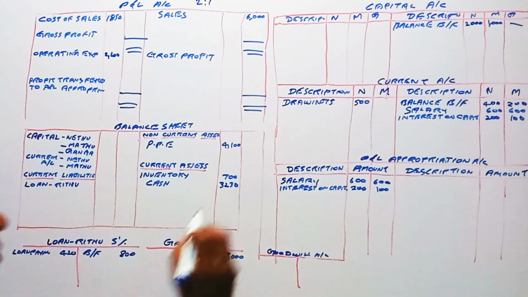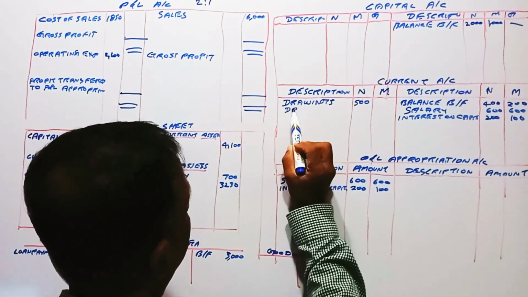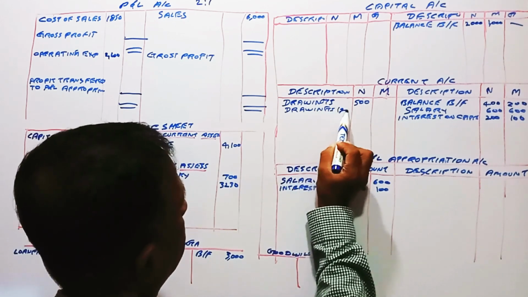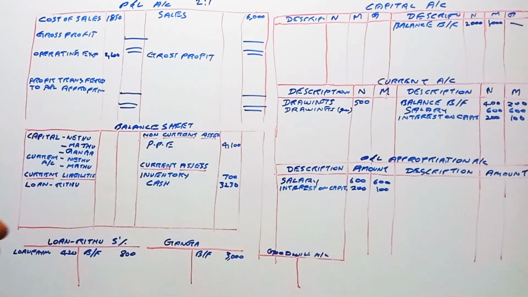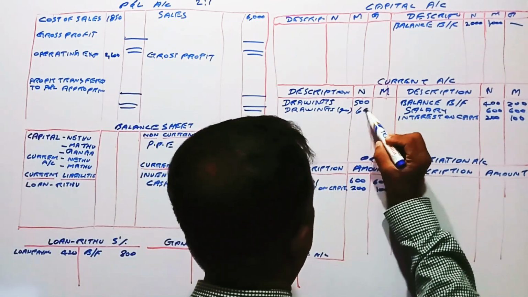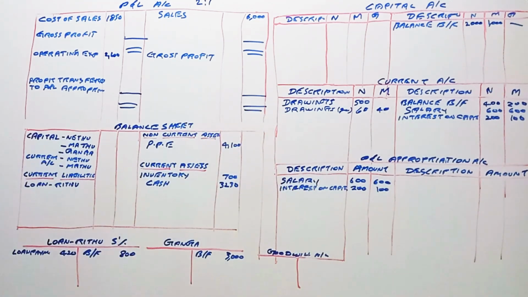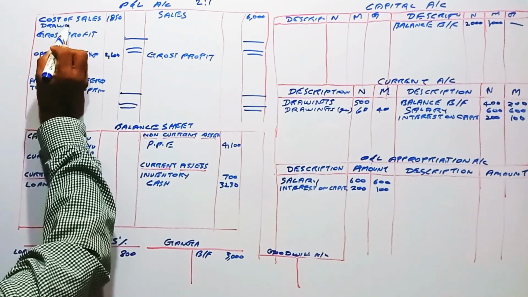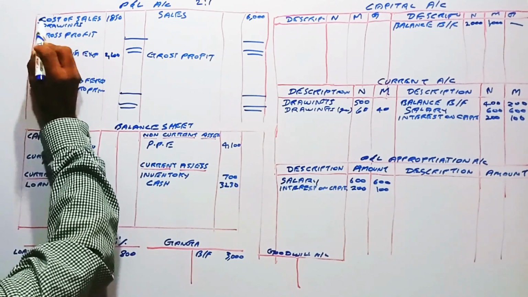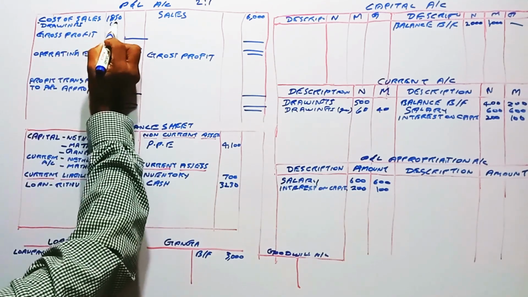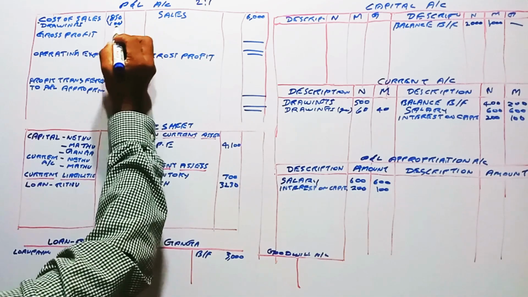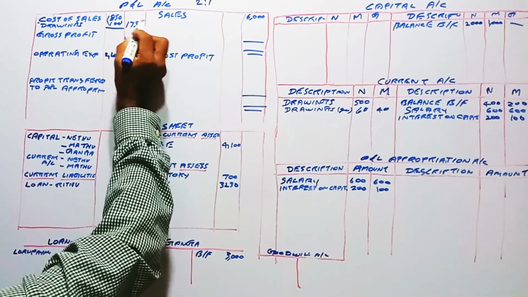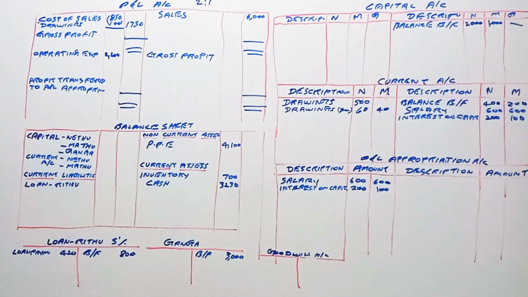Drawings again: goods, Nitu and Madhu 60 and 40, total drawings 100. We have to deduct this one. Then we will show 1,750,000.